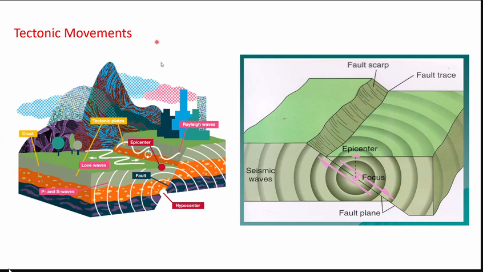Look at my cursor. This is how the Rayleigh wave moves. You can see how the Love wave moves like this, but on a horizontal plane, like a snake. But we will discuss types of waves later.